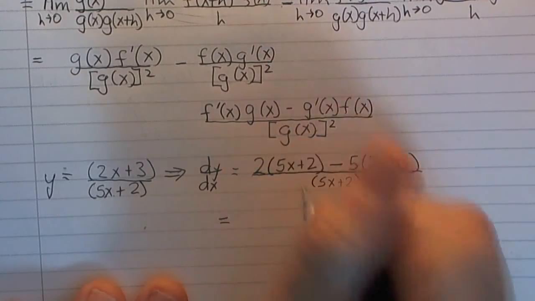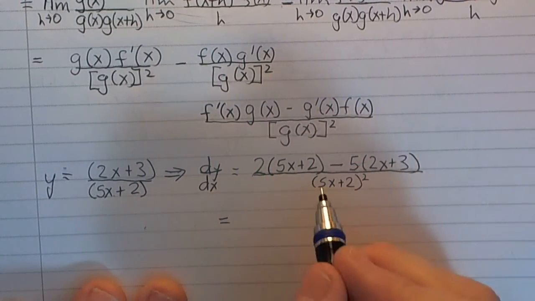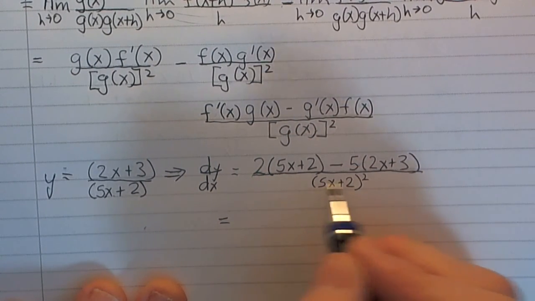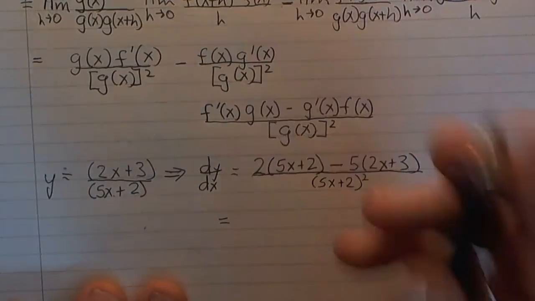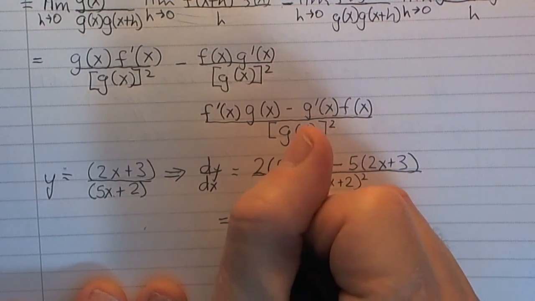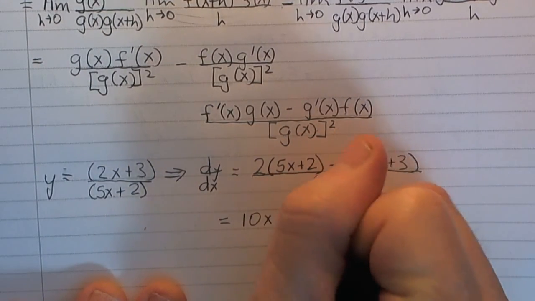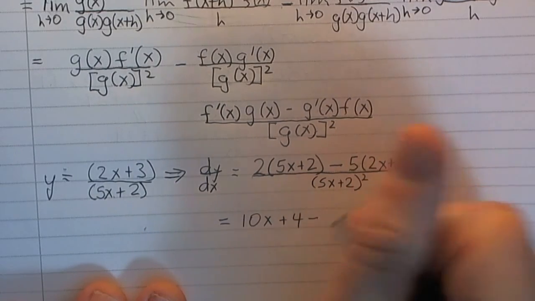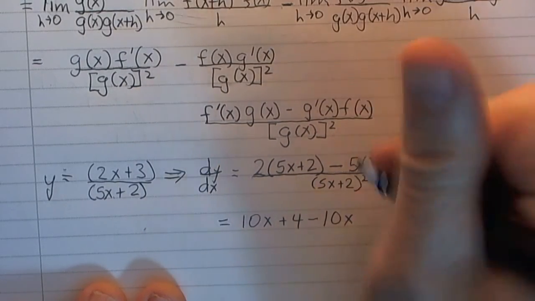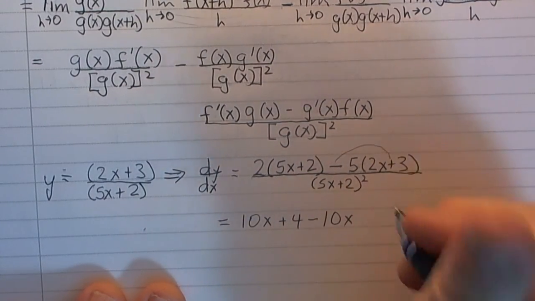Now, I would simplify a little bit, multiply out the top. Now, don't ever multiply out the bottom. That's rarely going to help you. But you do want to multiply out the top and add like terms. So I got 10x plus 4 minus 10x. Watch yourself now. This minus distributes.